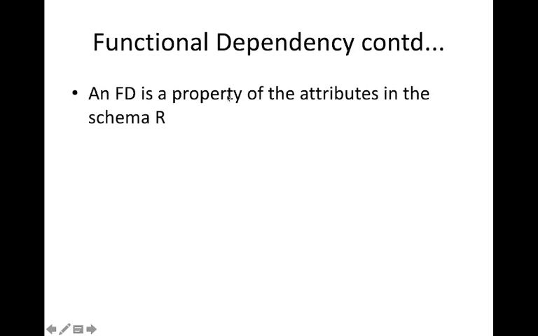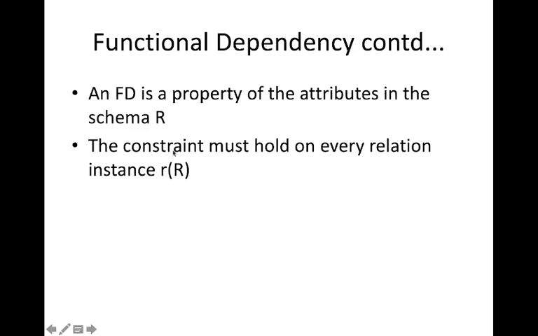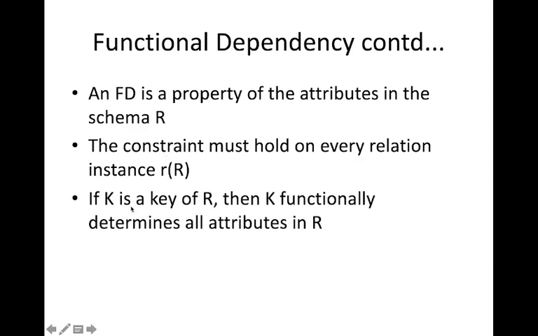So a functional dependency is a property of the attributes in the schema of that R. It is actually a property of the attributes. So the constraint must hold on every relation instance r of R. Whenever some updation occurs in that table, this constraint should hold. If K is a key of R, then K functionally determines all attributes in R. So we have already seen what a key is. K automatically functionally determines all of the attributes in that table, or all of the attributes are functionally dependent on that key attribute.